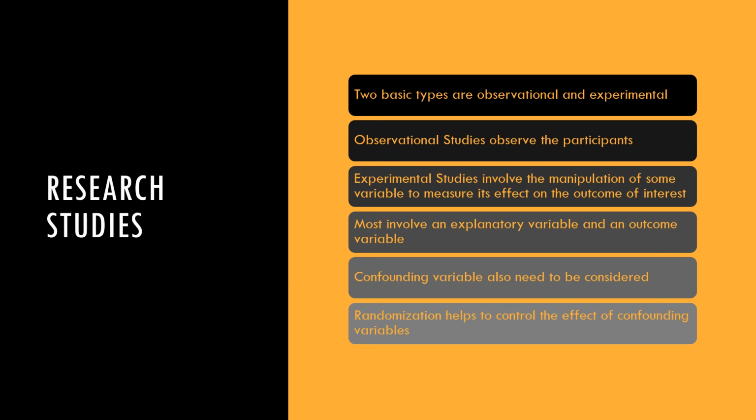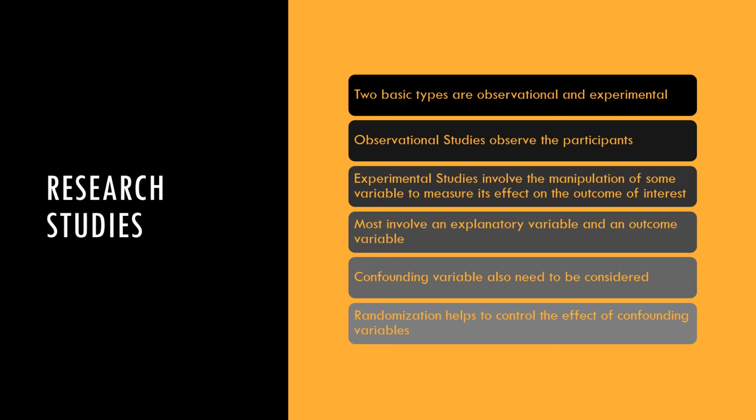So in this case, it would be the Y. Another thing to consider is confounding variables. They need to be considered because they both affect the response variable, the outcome variable, and they're related to the explanatory variable. That can affect your data, and these most commonly occur in observational studies.